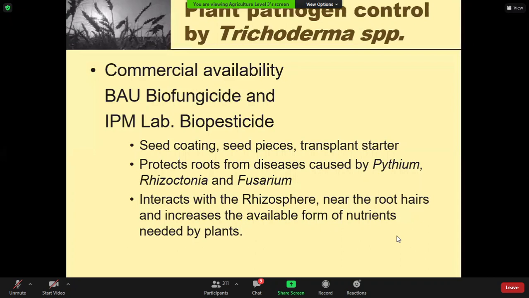So what are the other functions of these biocontrol agents? In the soil, there are some conjugated chemicals present. The plant cannot take up those conjugated chemicals. So what can the plant do? The plant can take only the readily available nutrient, for example, potassium, sodium, nitrogen, then phosphorus.